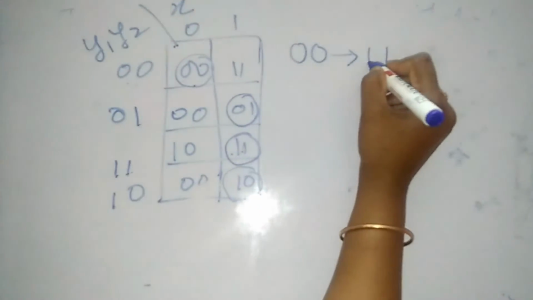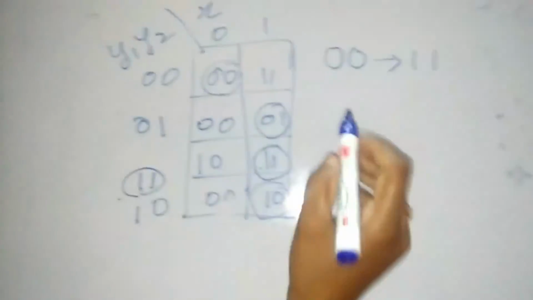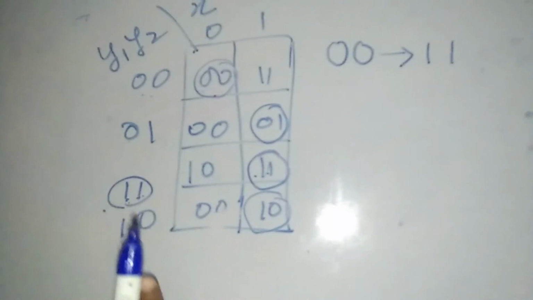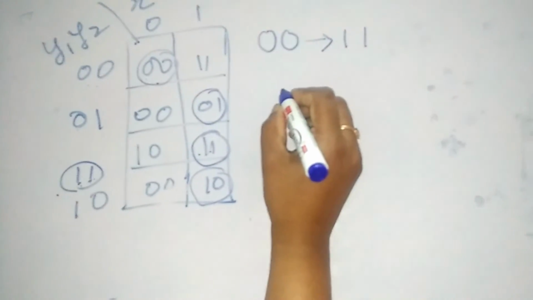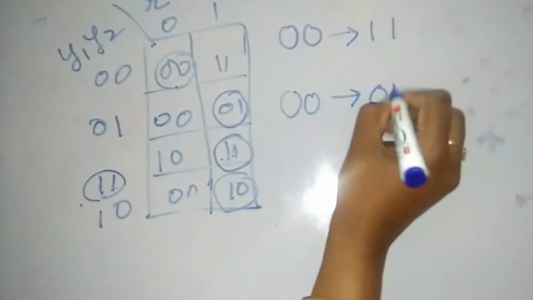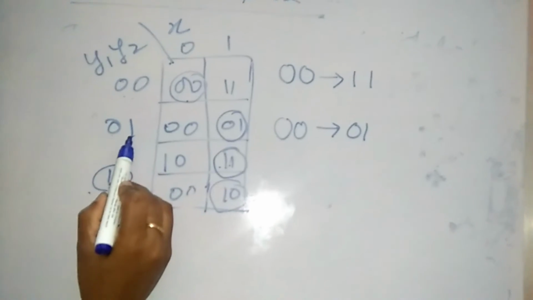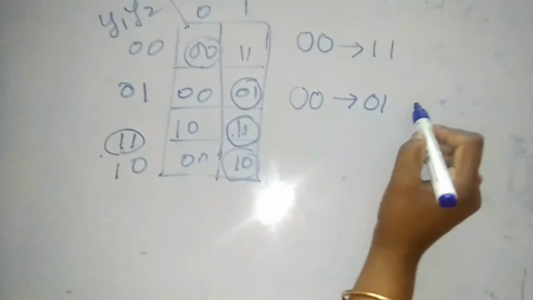When there is a delay and 1 1 becomes the next state input, my output is 1 1 over here. For the next case, considering 0 0 and a change to 0 1, if there is a delay in the circuit and this becomes my next input, then for 0 1 my stable state is 0 1, right?